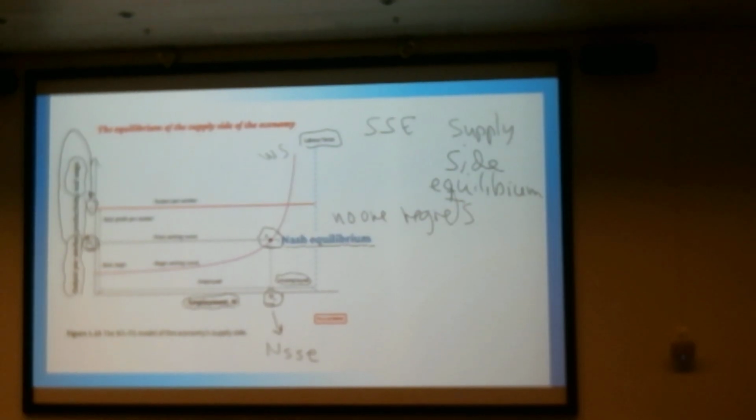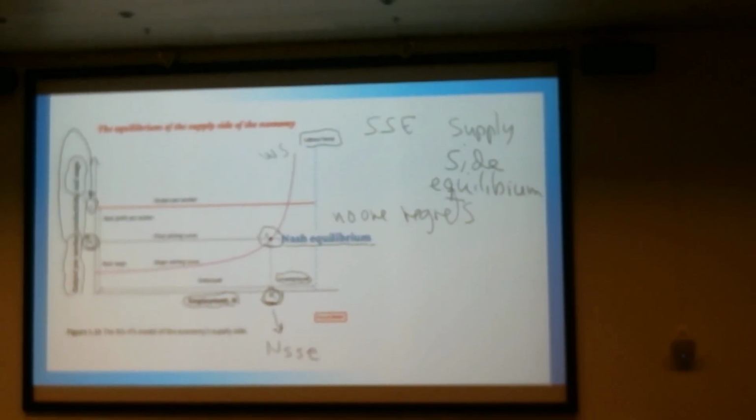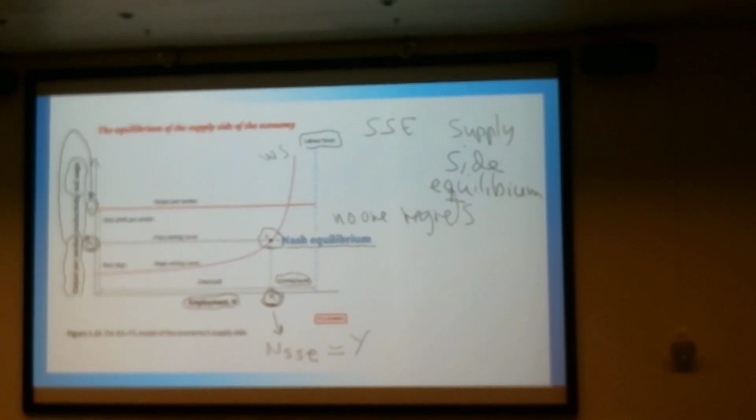So the level here of employment is called the supply side equilibrium level. But it's also the same if you look at GDP. So we can also say that at this point we call it supply side equilibrium, but it's also a level of GDP, that's the SSE.